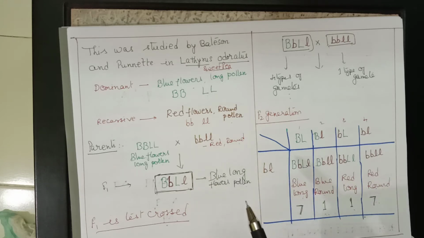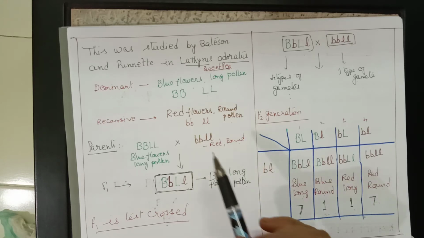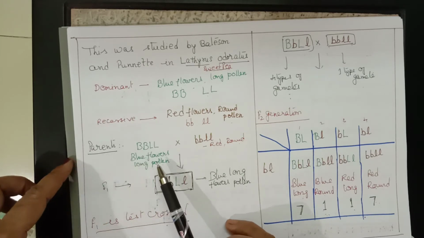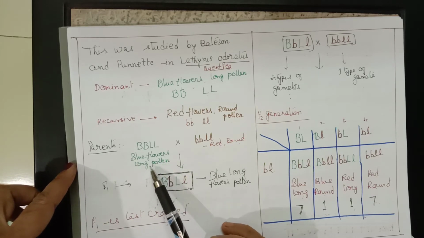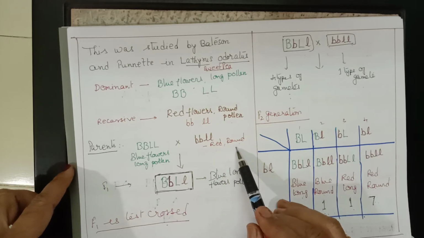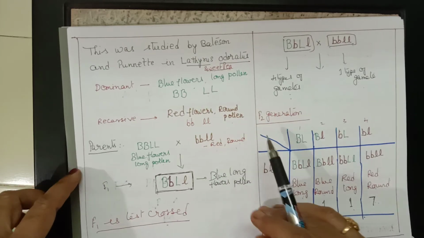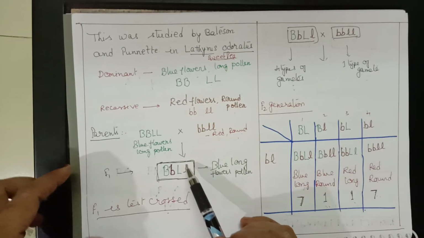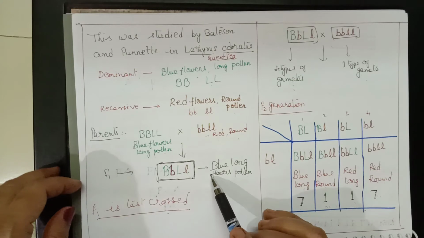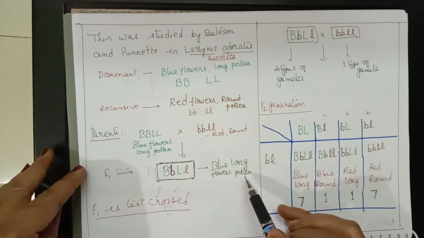In parents we find blue flowers with long pollen crossed with red flowers with round pollen. So what do we get in F1? F1 we get completely heterozygous and dominant, so we got blue flowers with long pollen grains.